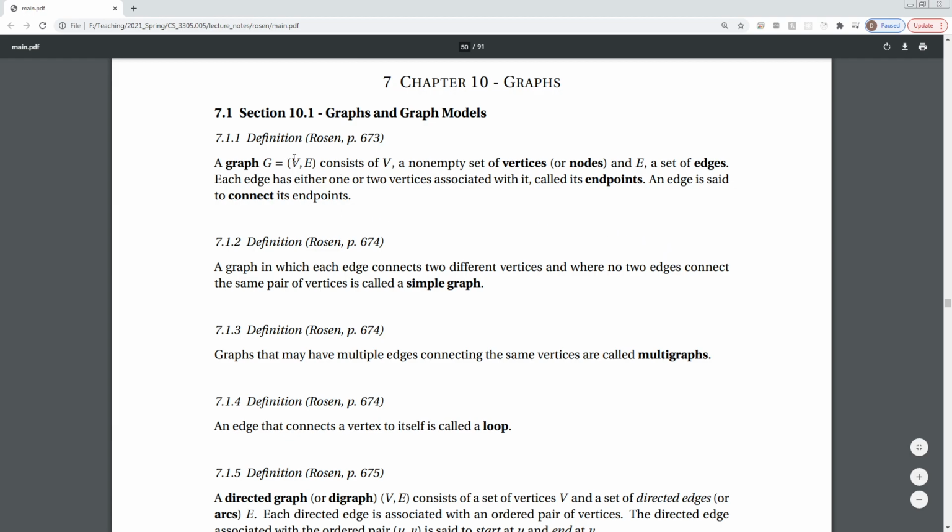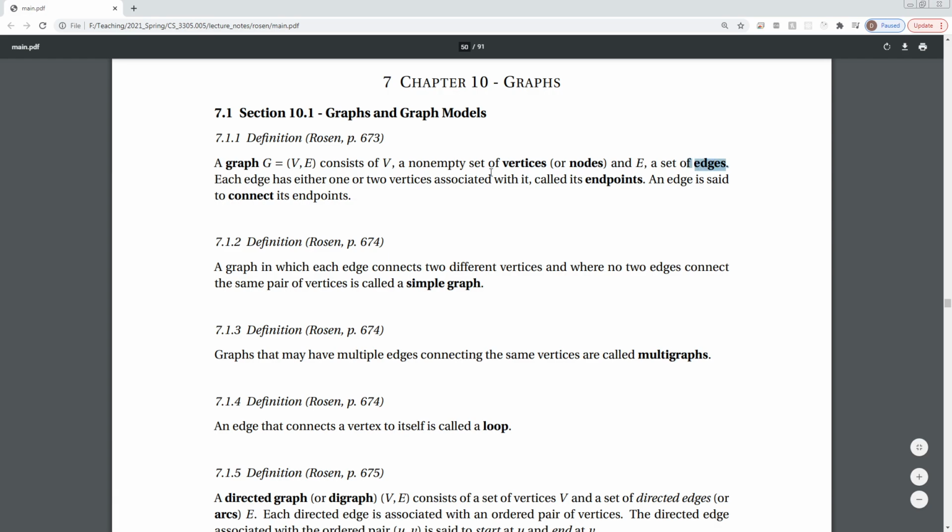Okay, so definition: a graph, we'll call it G, is a pair consisting of a set of vertices and a set of edges. The vertices are some non-empty set, and the edges can be empty.